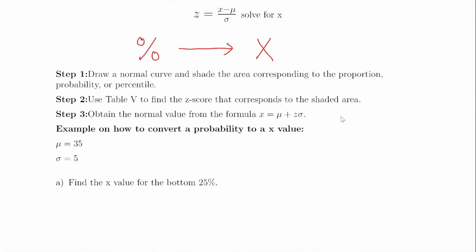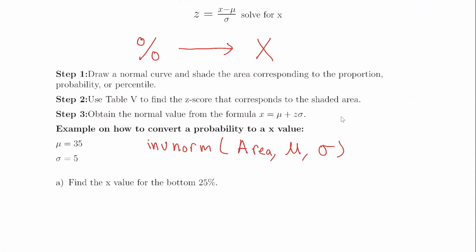All right. So we're going to use the inverse norm for this portion. Whenever you're using the inverse norm, it always wants it in this notation. It wants the area, then the mean, and then the standard deviation.